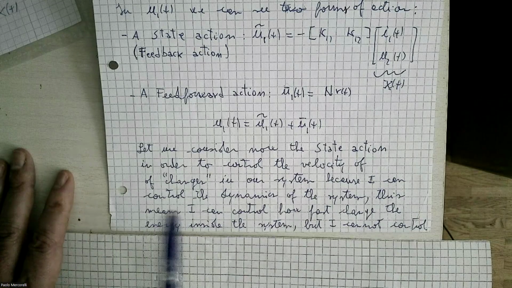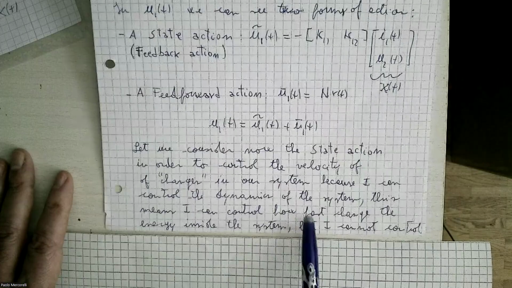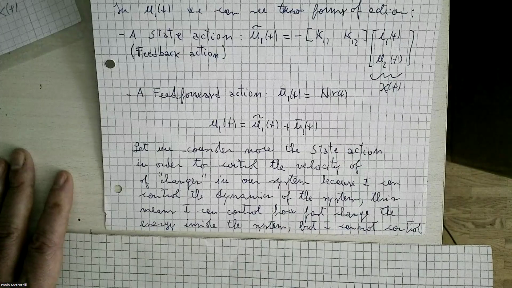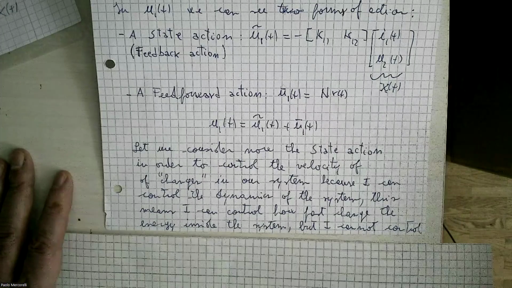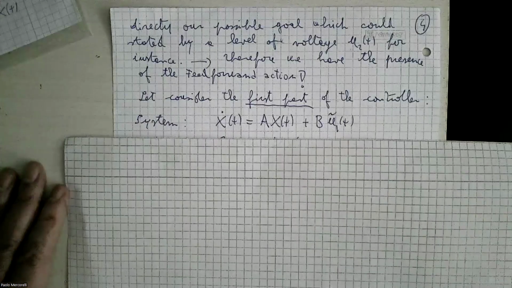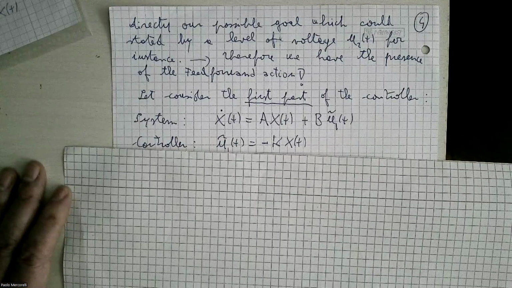Because I can control the dynamics of the system. This means I can control how fast the energy changes inside the system, exactly what I am telling you now. But I cannot control directly our possible goals, as I told you before, because this depends on a goal I have to fix. This means I have to fix R of t.